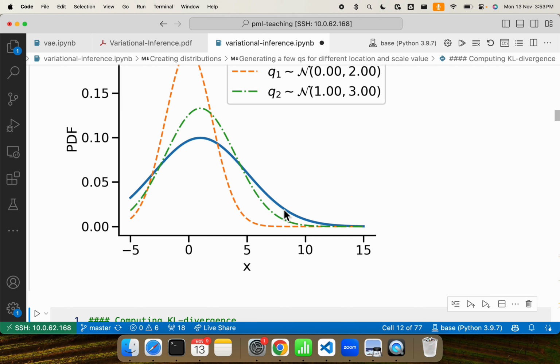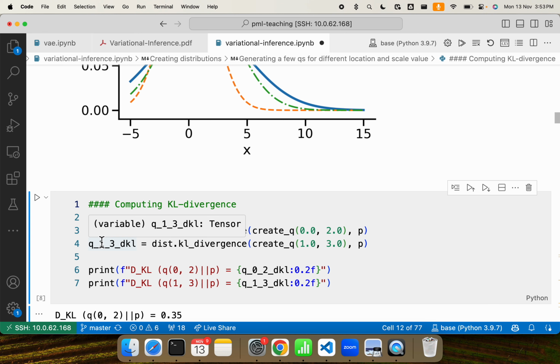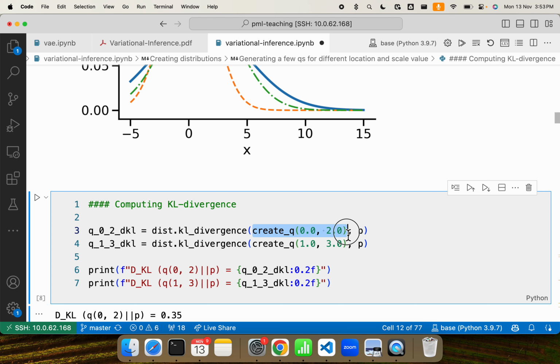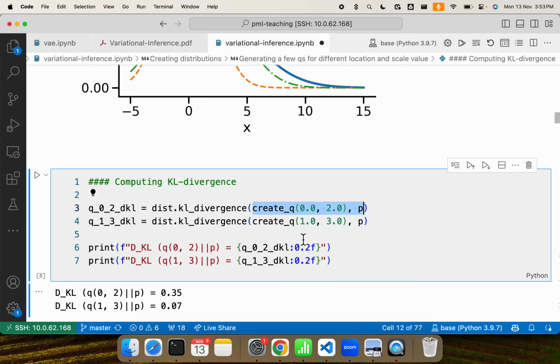So firstly, I will be using the inbuilt functions in Torch, the distributions, or equivalently you could have used TensorFlow. I calculate the KL divergence between Q and P. So the first Q is parameterized by 0, 2, the second one is Q2.